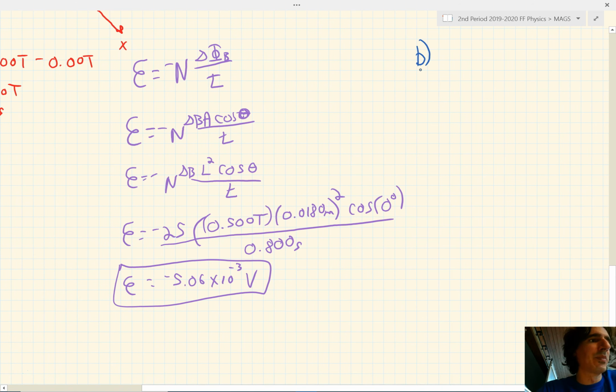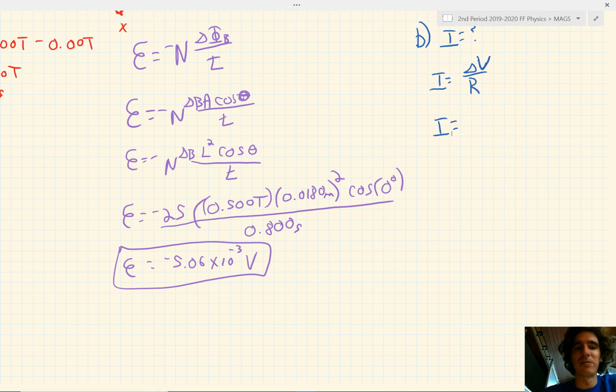Okay, letter B. Find the magnitude and direction of the induced current in the coil while the field is changing. So we want to find the magnitude of the current. From Ohm's law, we know I is equal to delta V over R. In this case, delta V is the induced voltage, or the induced EMF. So it's epsilon over R. So why don't we calculate the magnitude first?